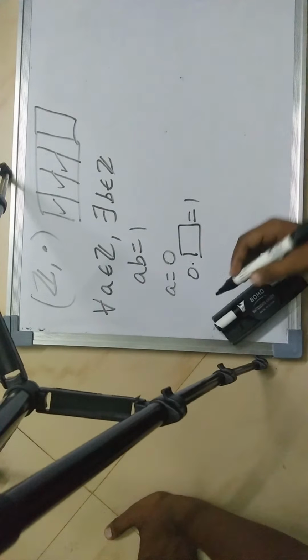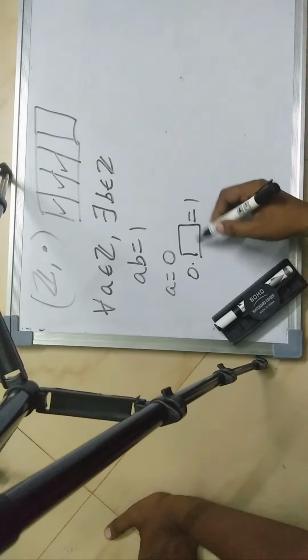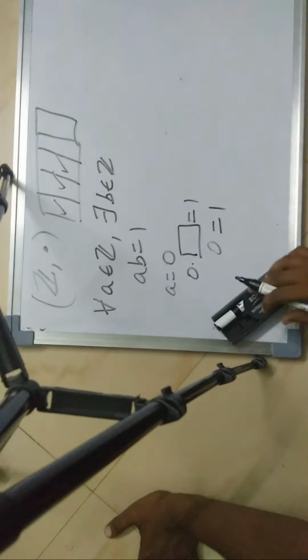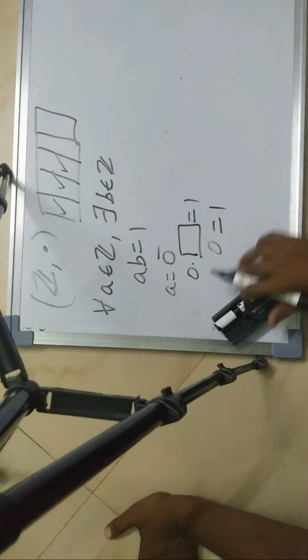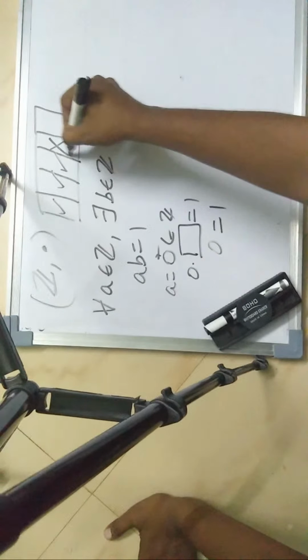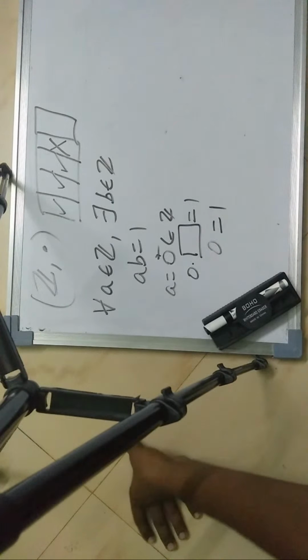So we know that multiplication of a number with 0 gives always 0. So it will result in 0 and 1 being equal, and hence the element 0 in integers does not have an inverse. So we have found one element which does not have an inverse. So integers under multiplication does not form a group.